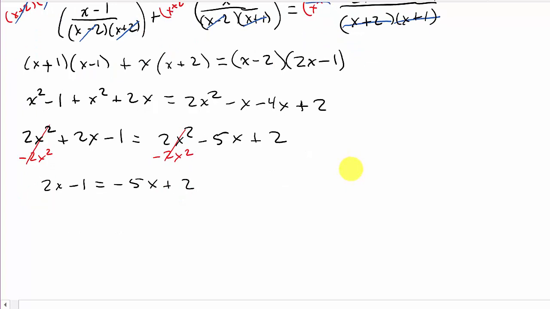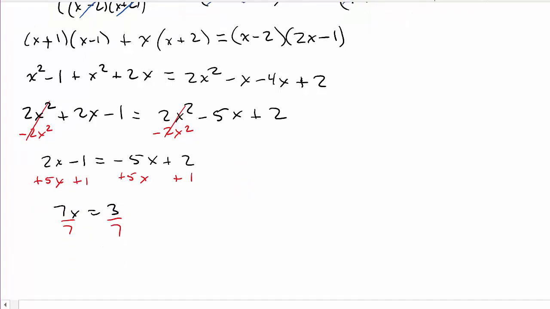Okay, and so then we will add 5x to both sides. We can add 1 to both sides. And so we get 7x equals 3. And then divide both sides by 7. And so that is going to give us x equals 3 over 7.